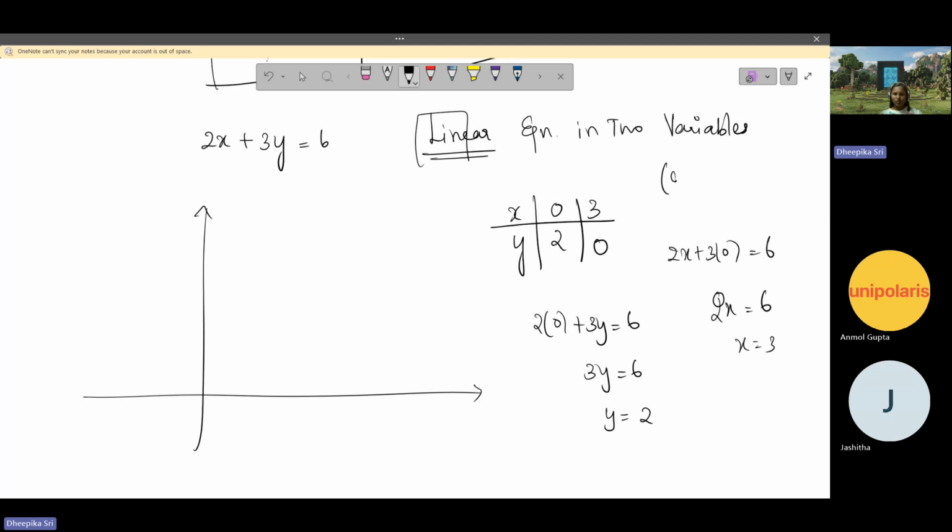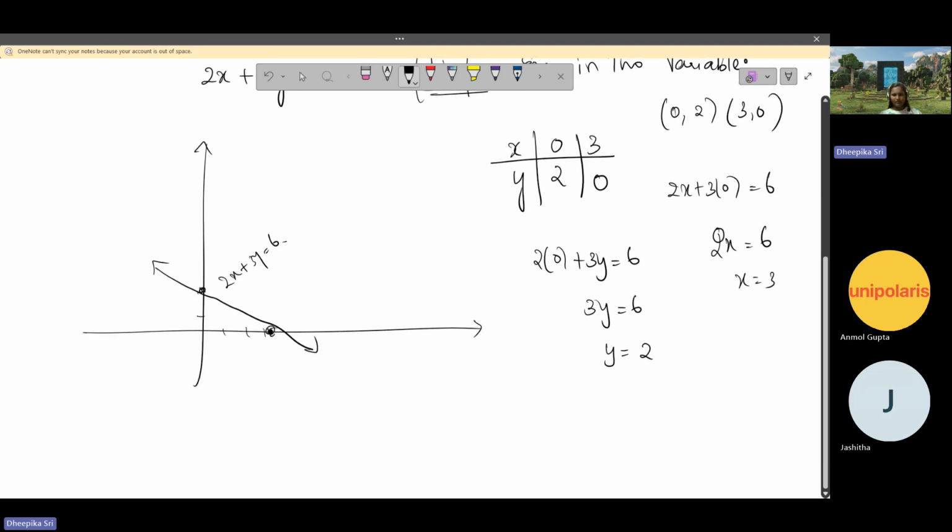So I have the two coordinate pairs, (0, 2) and (3, 0). (0, 2) will be here and (3, 0) will be here. If I join them, this is my straight line. This line equation is 2x plus 3y equals 6. This is how I plot this linear equation. We need this idea when we solve the linear programming problem.